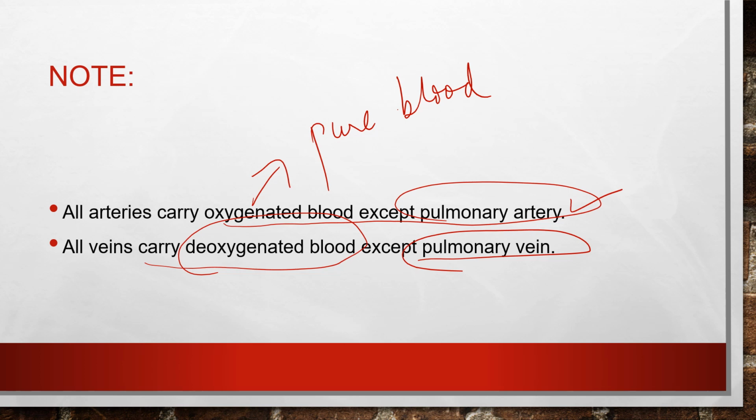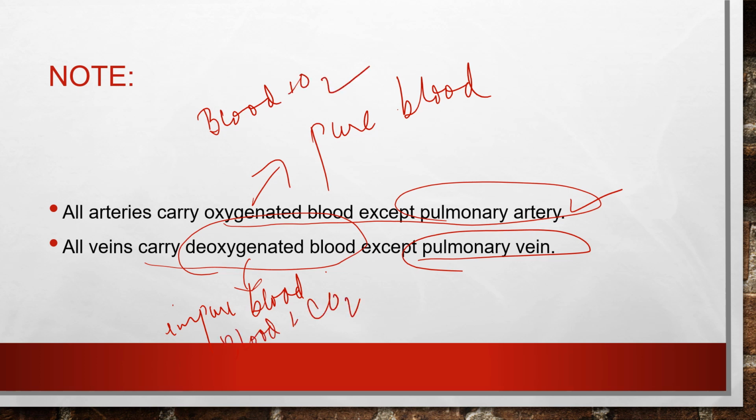All veins carry deoxygenated blood, or impure blood. Deoxygenated blood means blood with carbon dioxide, and oxygenated means blood plus oxygen.